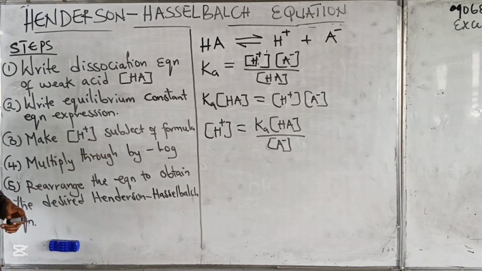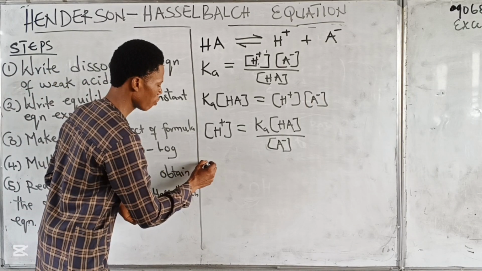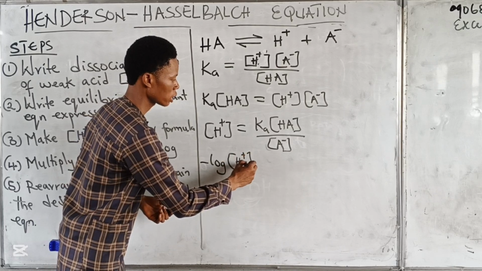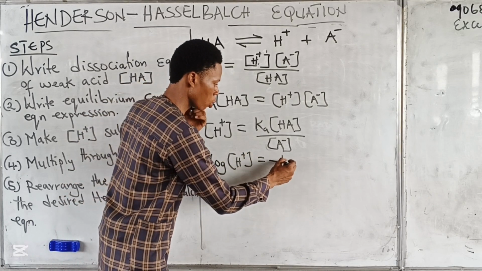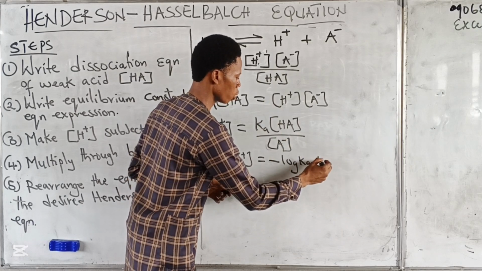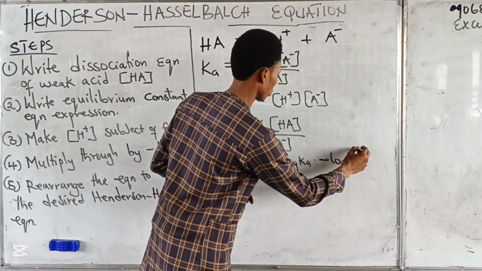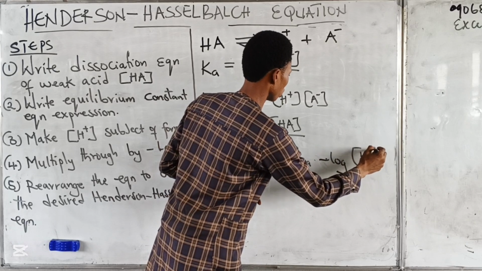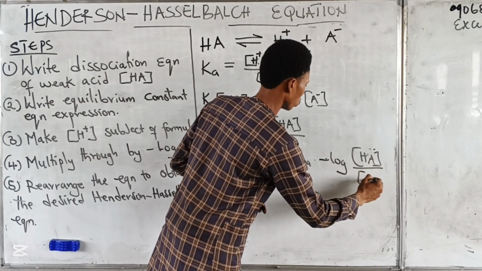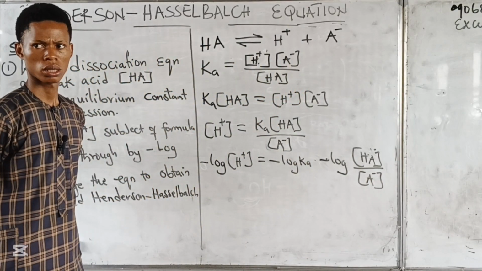Now the next thing, multiply through by what? Minus log. Please pay attention here. If you multiply through by minus log, we'll have minus log H+ equal to minus log of Ka HA over A minus. Have I changed anything? Is this correct?